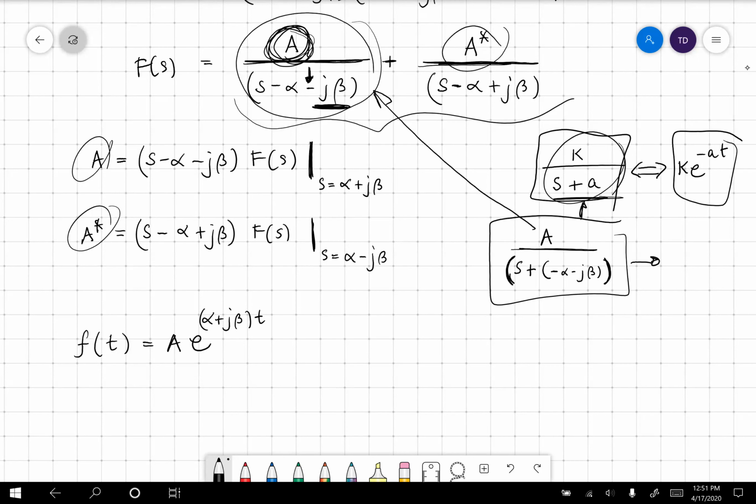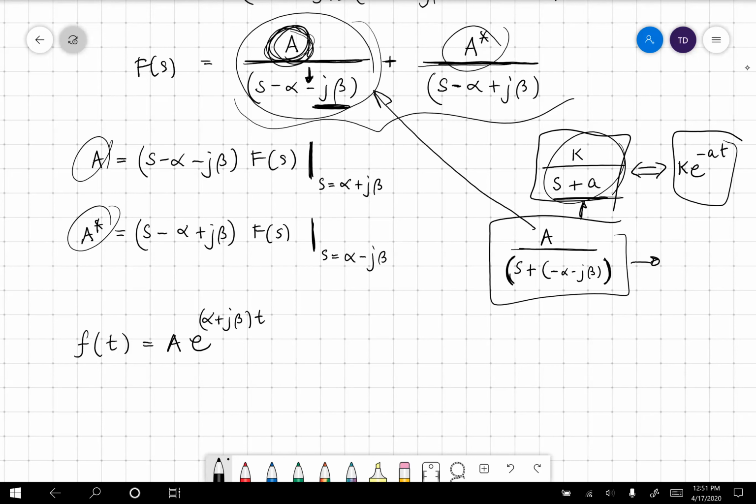So let's assume that A is magnitude of A, e to the J theta A. It's a complex number, and I can write any complex number in its exponential form, magnitude and its angle. And we know how to find the magnitude and the angle, by the way. As long as we know A, it doesn't matter what form A is in, we can find it.